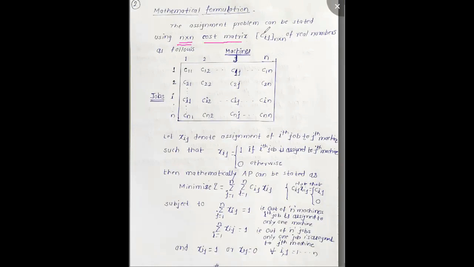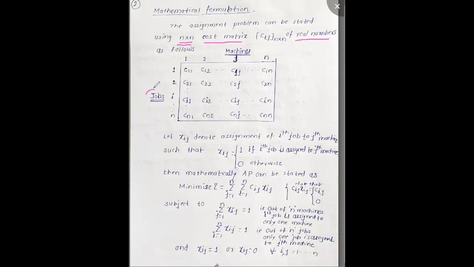The ith row jth column element is Cij, and the order is n cross n. This is an n cross n matrix of real numbers as follows.